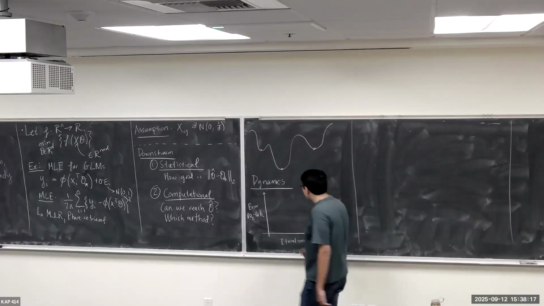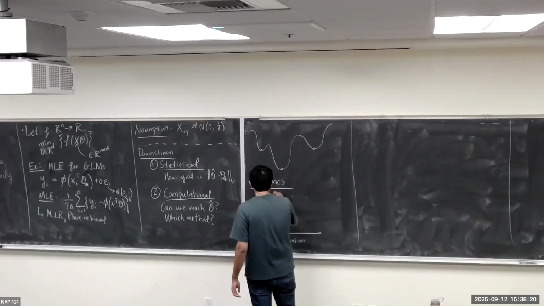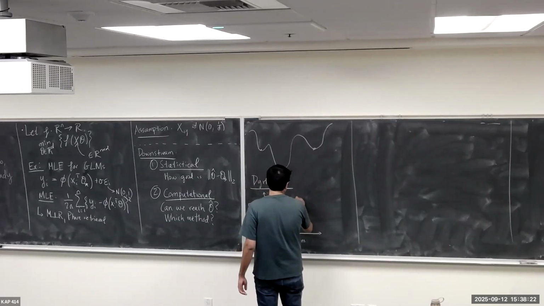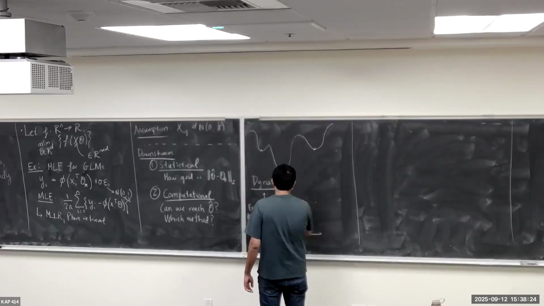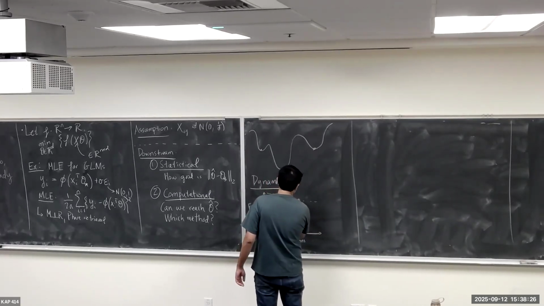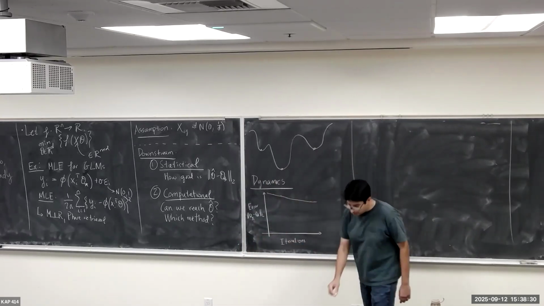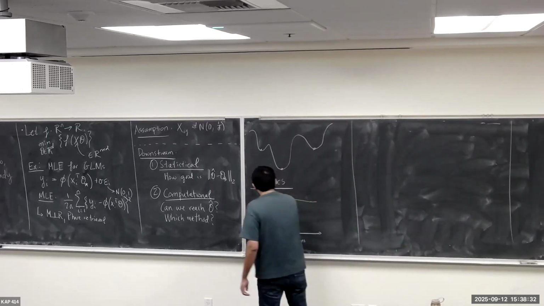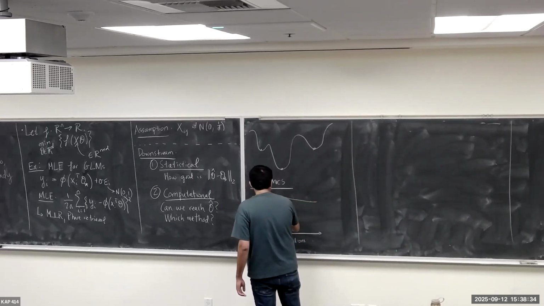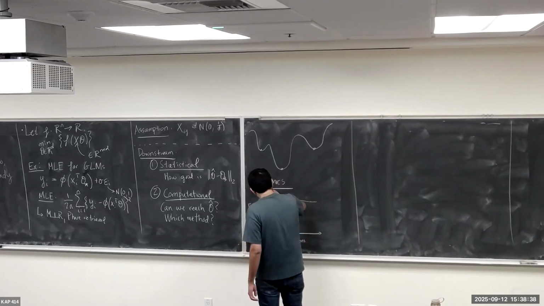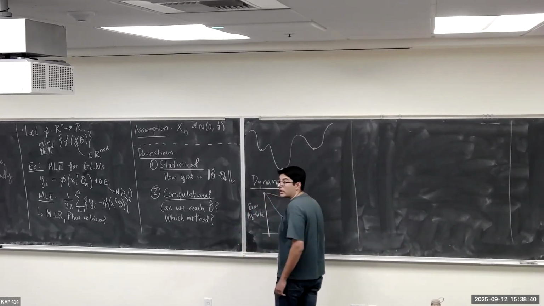Now here, I could have one algorithm that, let's say, converges like this, and then tails off. So if I've computed the dynamics of this algorithm, it converges to this point. I could have another algorithm which converges very fast, and not only does it converge very fast, it converges to a much lower error.